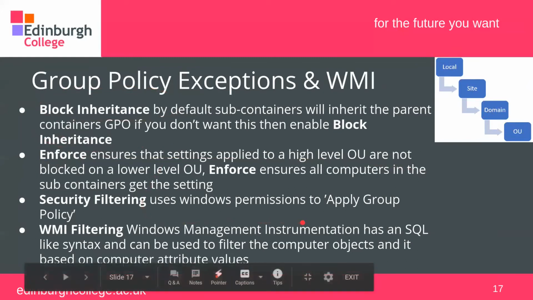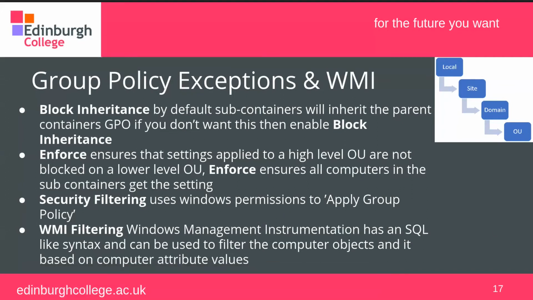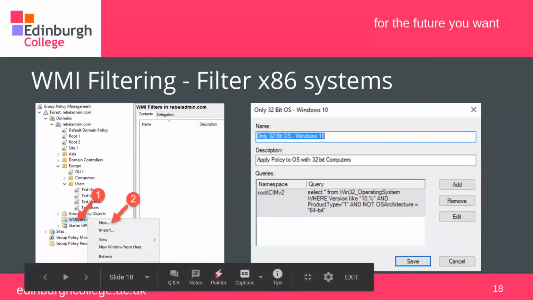Security filtering lets you use the Windows permissions to apply group policy, and WMI filtering is kind of an SQL-like syntax that lets us perform some filtering. So let's have a look at some WMI filtering here.